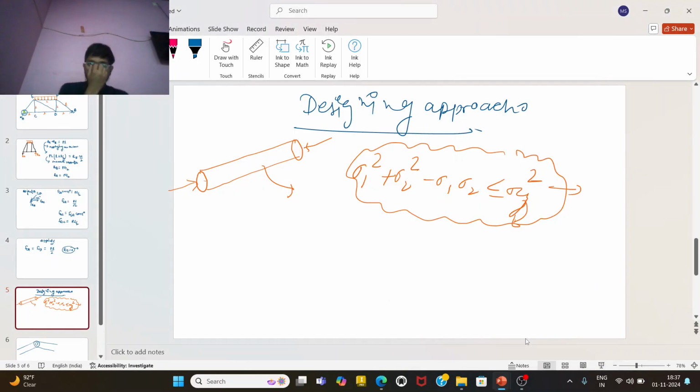Now we come to the designing process: how to find the dimensions of a particular element, and which materials we should use for manufacturing these elements. These problems come under machine design and strength of materials. In the next video we will discuss that part, how to design a truss. Thank you, all the best.